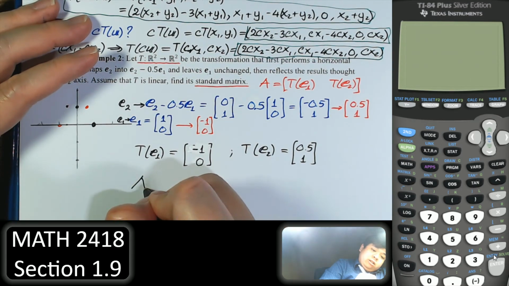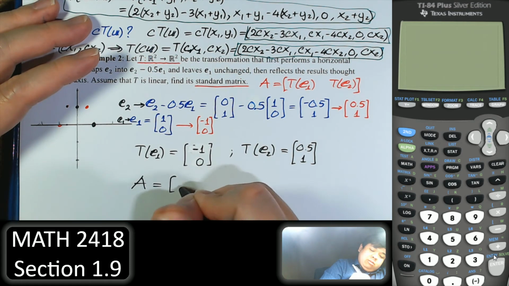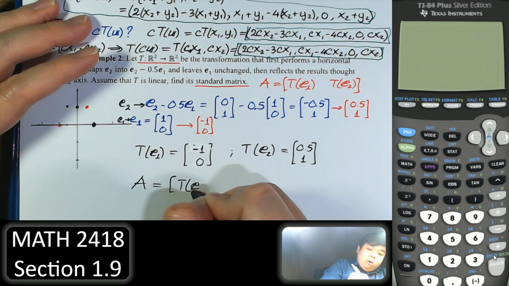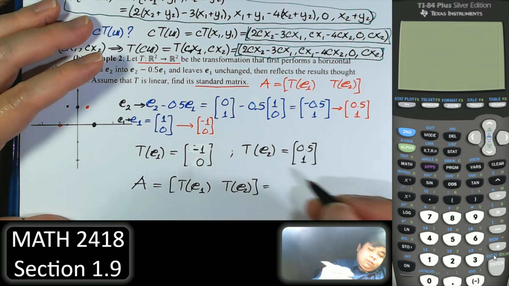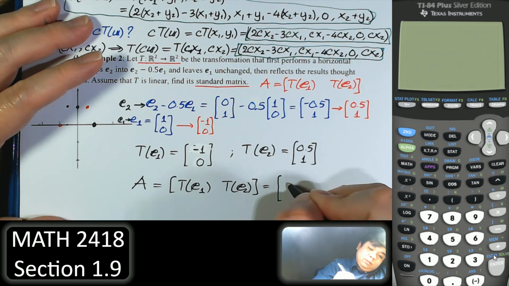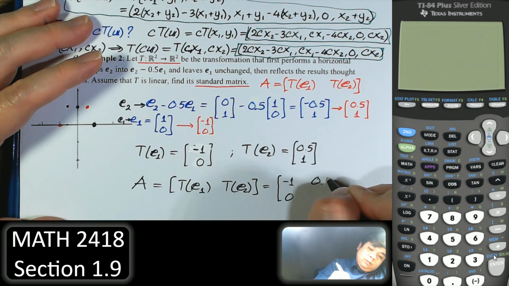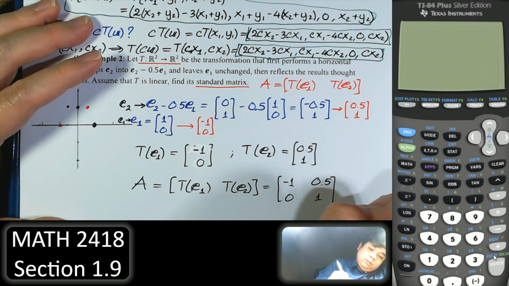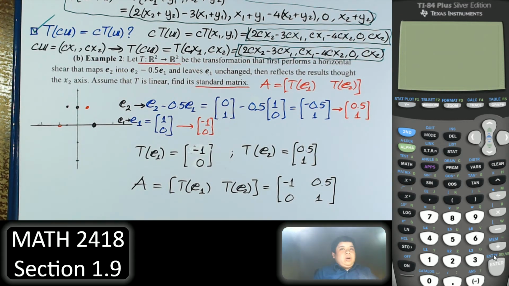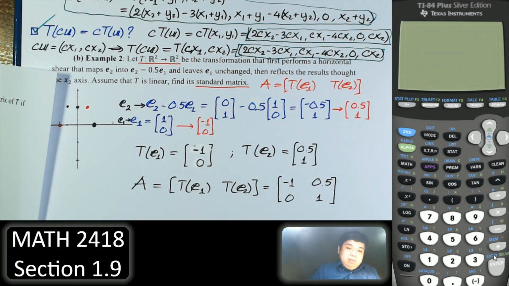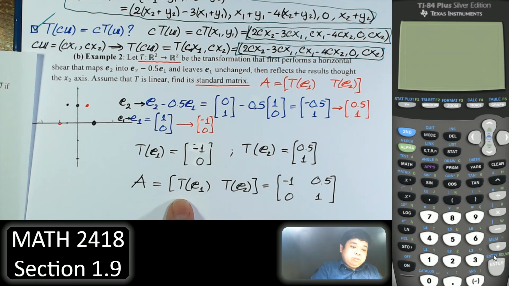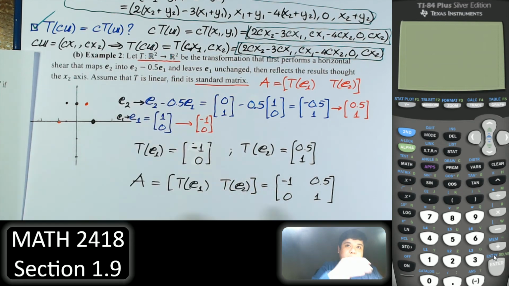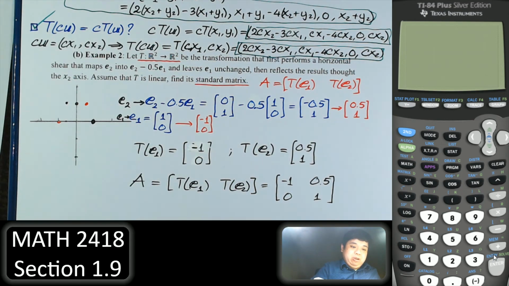So we stack together, and we have the standard matrix for the linear transformation. Right. So once again, if we want to find the linear transformation, just try to find the transformation applied to E1 and E2 or E3, the columns of the identity matrix.